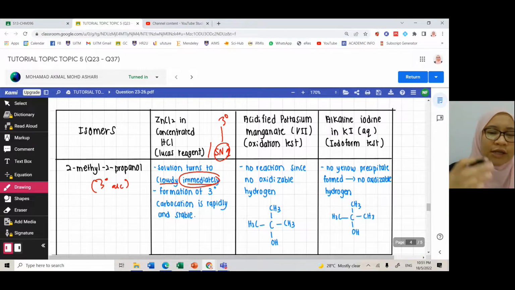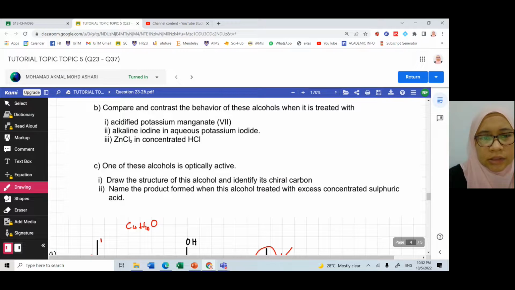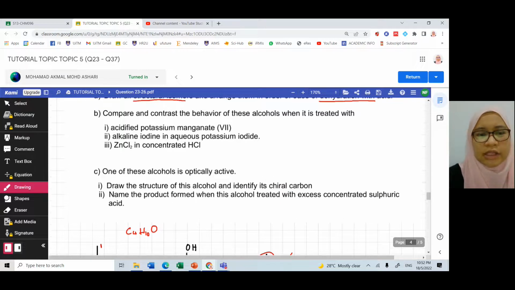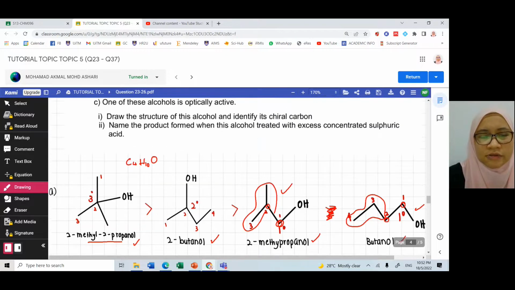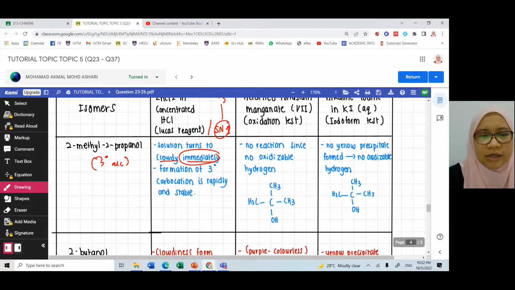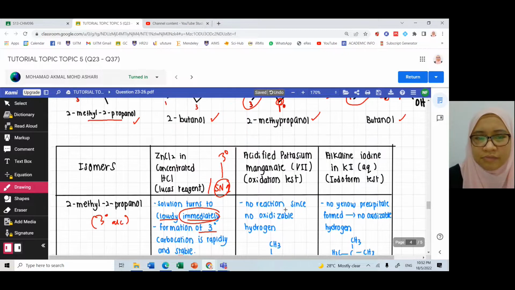It's just that one is immediate, the other one may take time. Okay, all right. So dia nak tanya produk. Oh, dia tak tanya produk, dia tanya observation lah, more on the observation. For this, it is due to the formation of tertiary carbocation being rapid and stable.